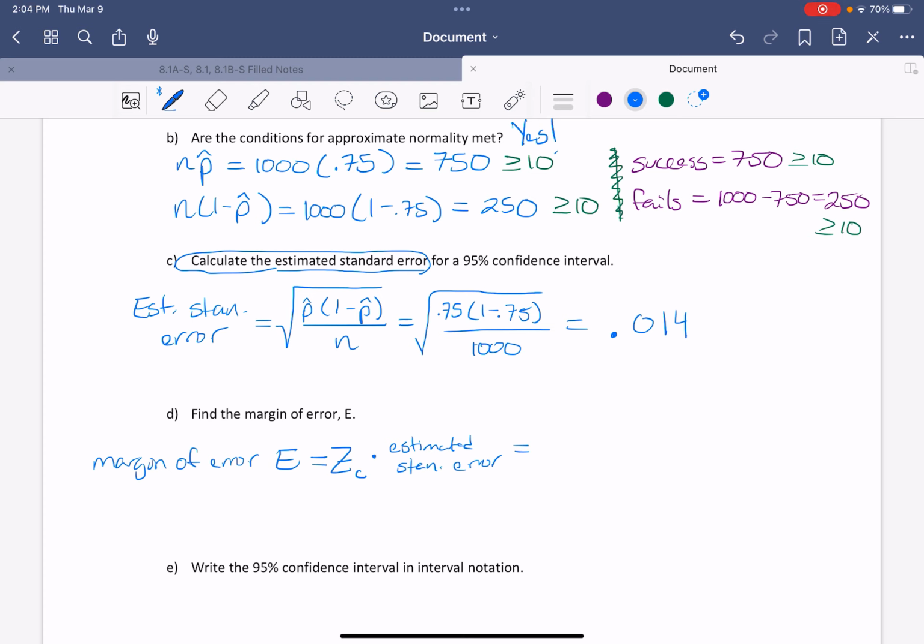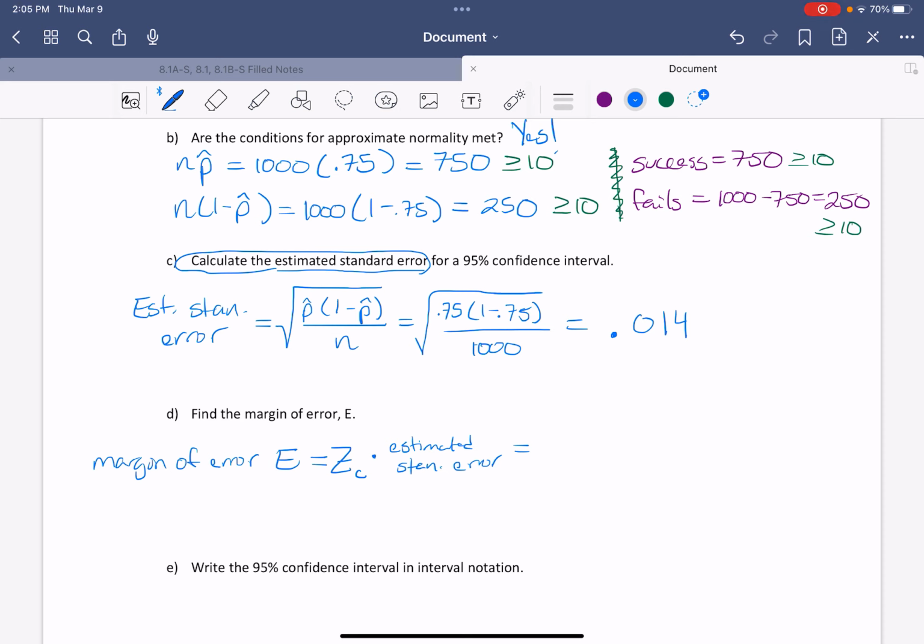These two pieces you just plug in. Z sub C, the critical value, you get from your formula sheet. It's that table that has 90%, 95%, 99%, and then the Z sub C that correlates to that.